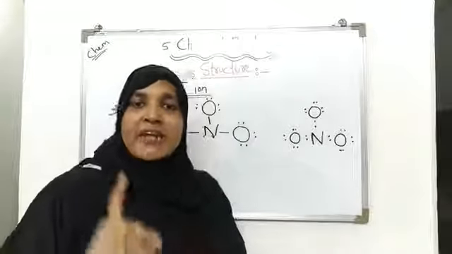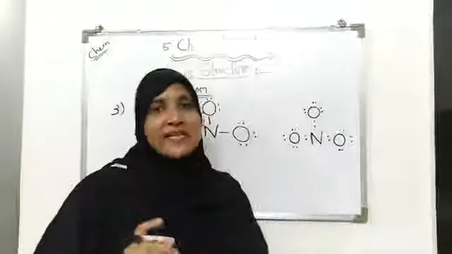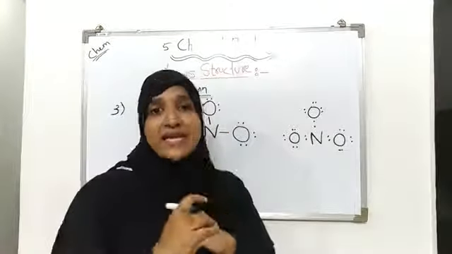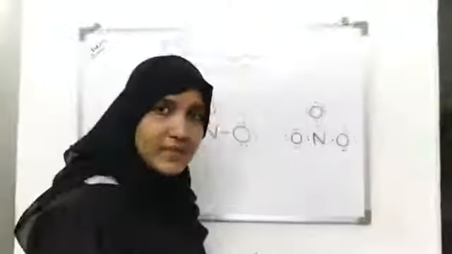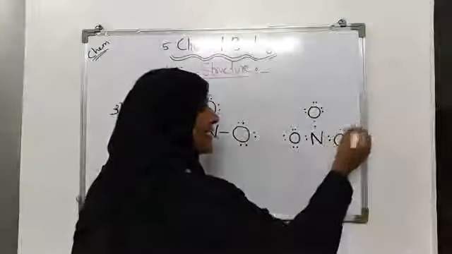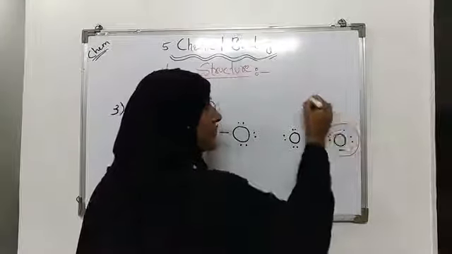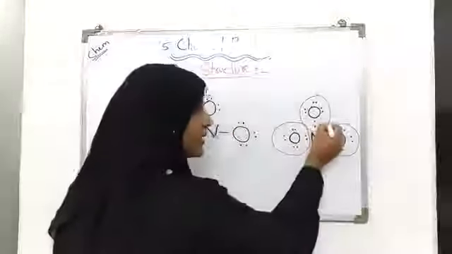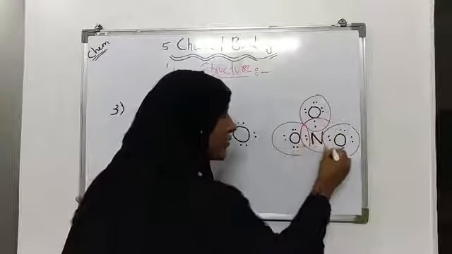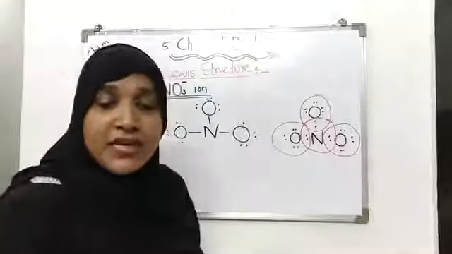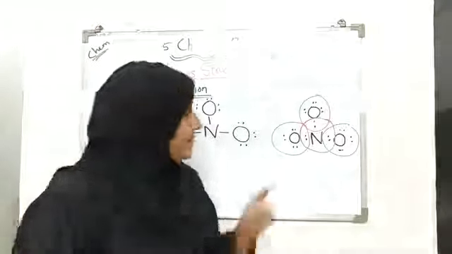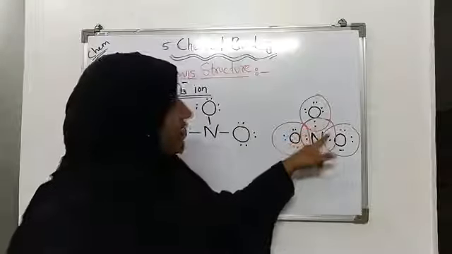Now let's check whether the octet of each element is complete or not. अब आप देखोगे कि हर एलिमेंट का ऑक्टेट कंप्लीट है या नहीं। तो इस ऑक्सीजन का ऑक्टेट कंप्लीट है, यस। इसका कंप्लीट है, बराबर। इसका भी कंप्लीट है, इसका भी कंप्लीट है। पर नाइट्रोजन के ऑक्टेट को देखो, हाउ मेनी इलेक्ट्रॉन्स आर देयर फॉर द नाइट्रोजन एटम in the valence shell? 1 2 3 4 5 6.